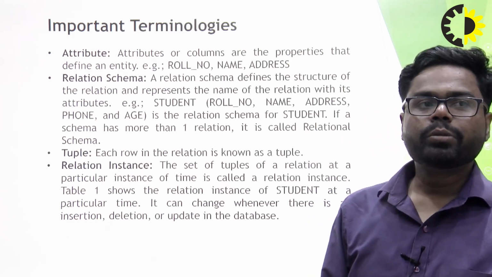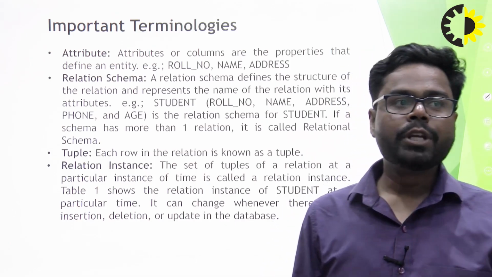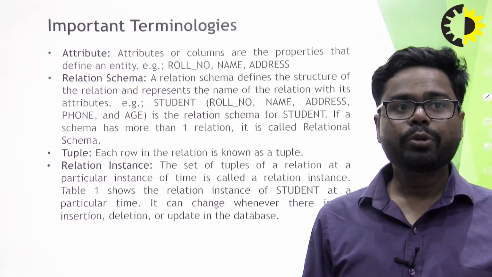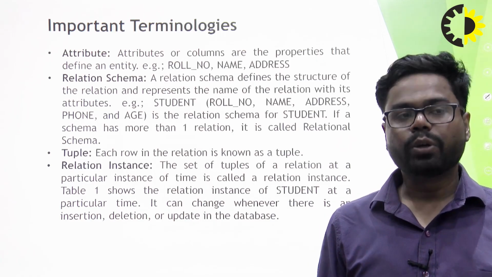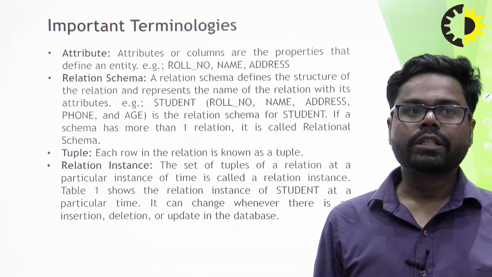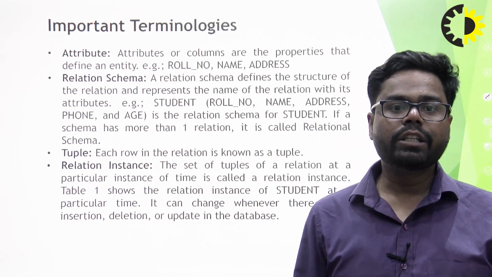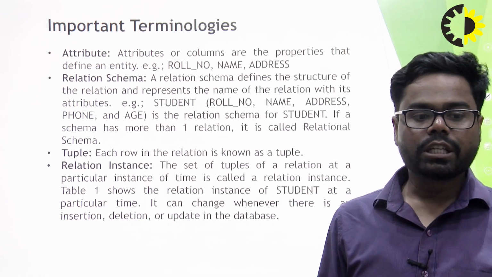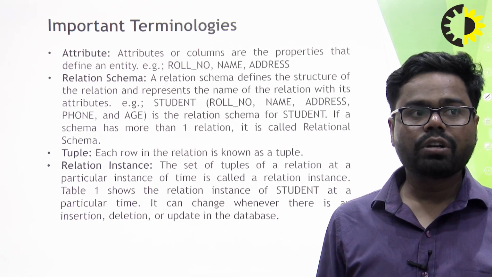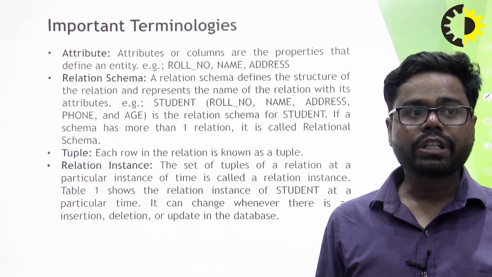Next, some important terminologies used in the relational model. First is attributes. Attributes or columns are the properties that define an entity, like roll number, name and address. Attributes means the column names. The relational schema defines the structure of the relation and represents the name of the relation with its attributes.